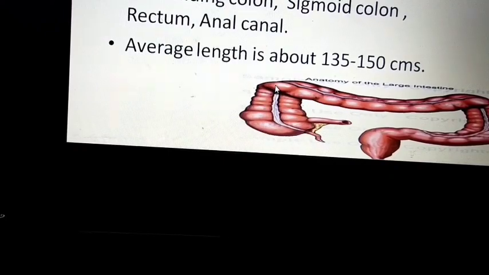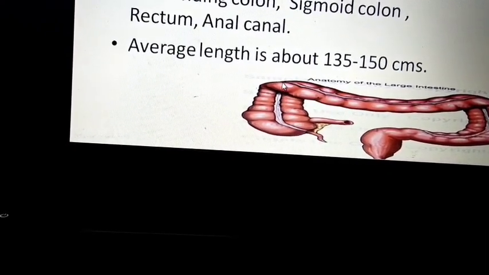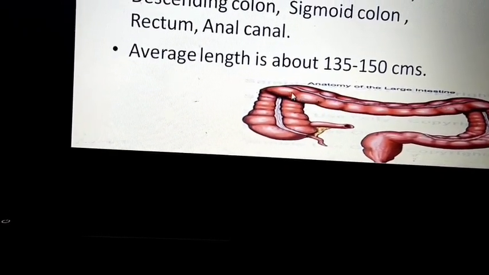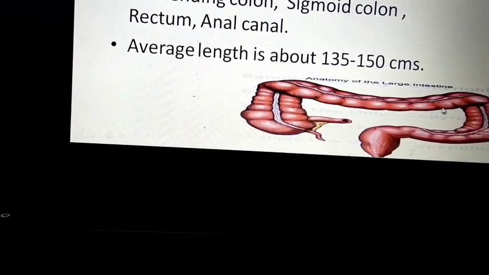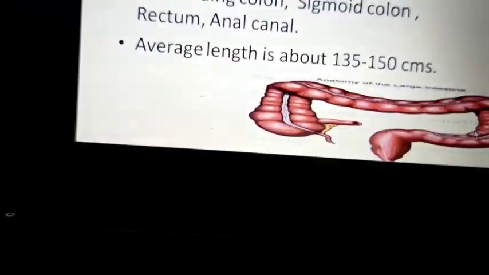Here it goes upwards, then comes forwards and becomes bent as the transverse colon. Here the transverse colon goes backwards and downwards at the splenic flexure.